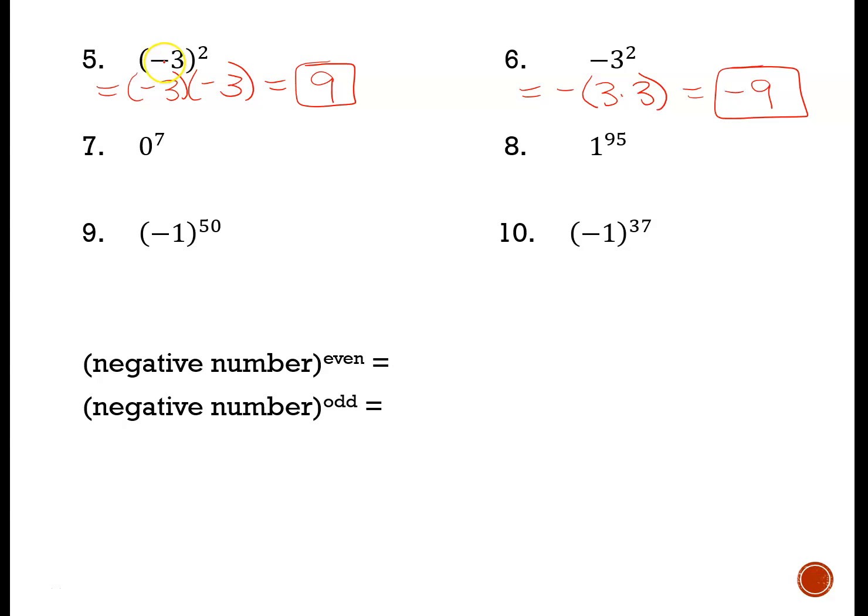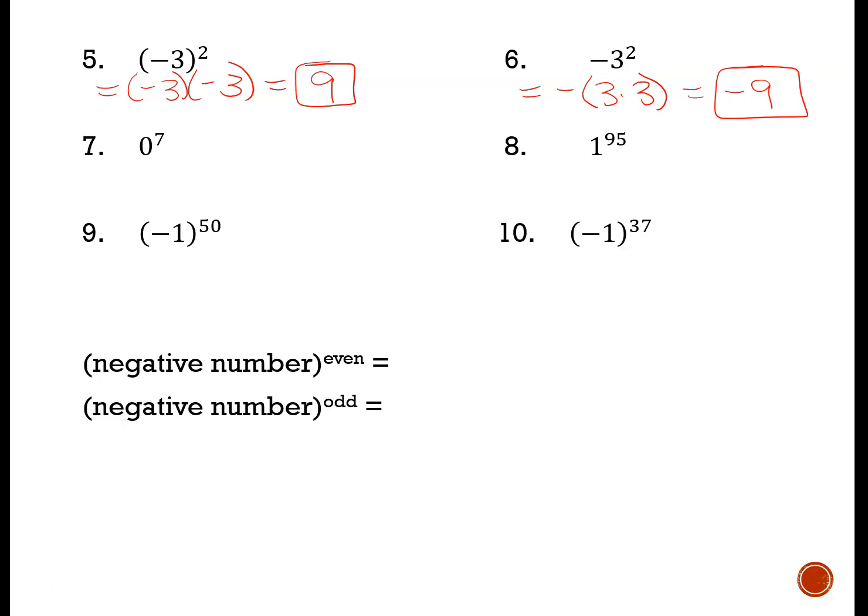With the parentheses, I get +9. Without, I get negative. And anytime you've got a negative out front, a base and an exponent, no parentheses will always give a negative answer. So again, really study that. Try to understand it the best you can and just make sure you practice it enough where you're getting those right every time.